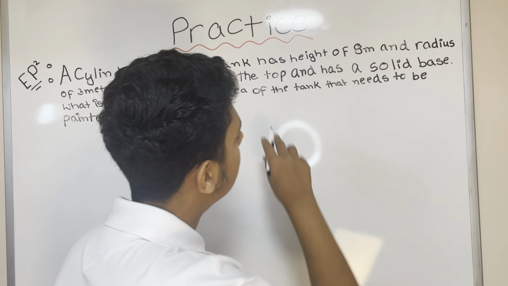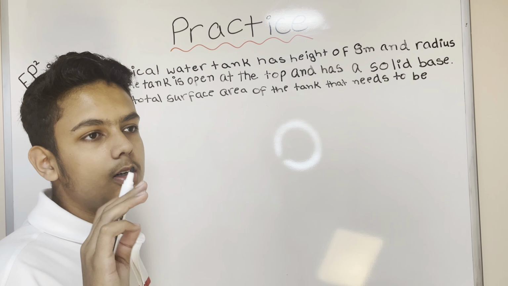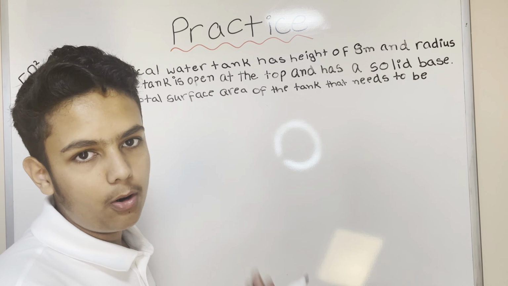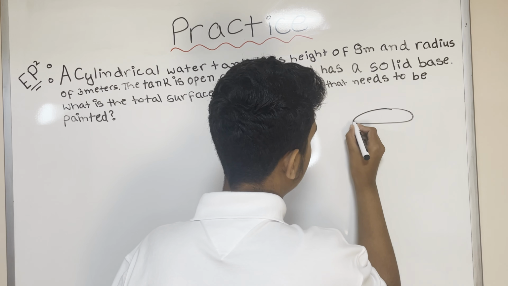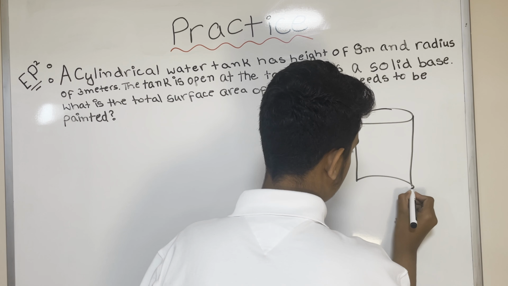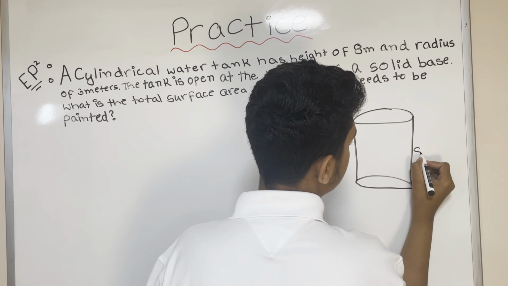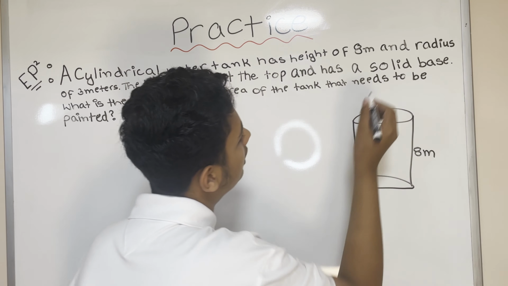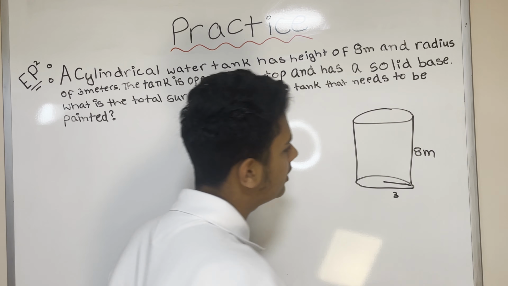Now if the top is open, we can't paint there, so we need the curved surface area and the bottom part. So if this is a cylinder, this is our water tank, and the height is 8 meters, and we know the radius is 3 meters.